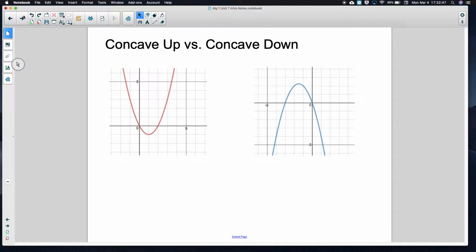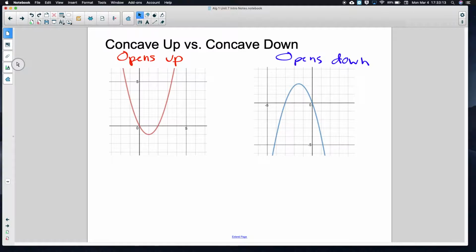The other two concepts are concave up or concave down. Concave up simply means that your parabola is opening up. Concave down means that you're opening down. Concave up because the opening is at the top like a cup. So concave up, cup. Concave down is opening down like a frown.